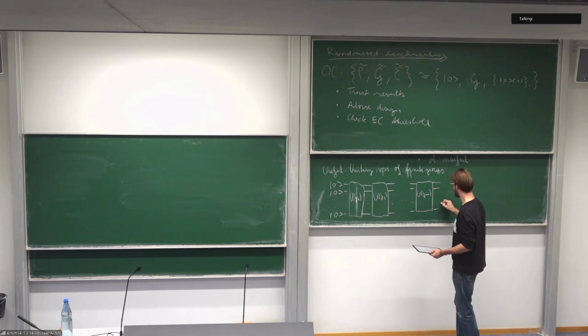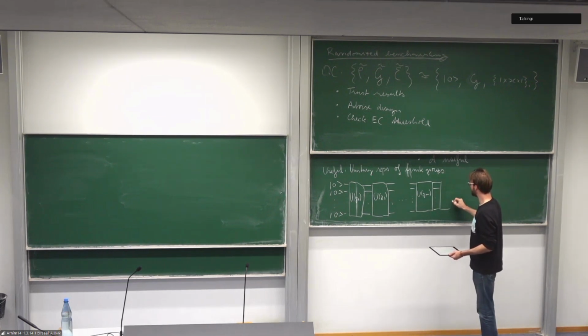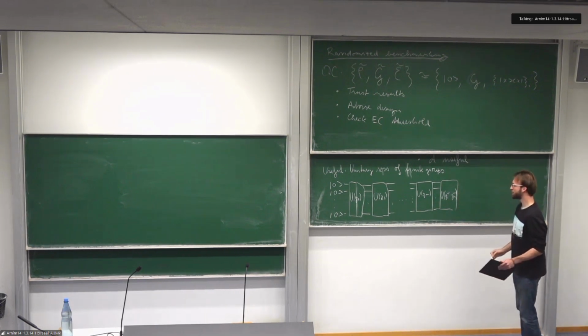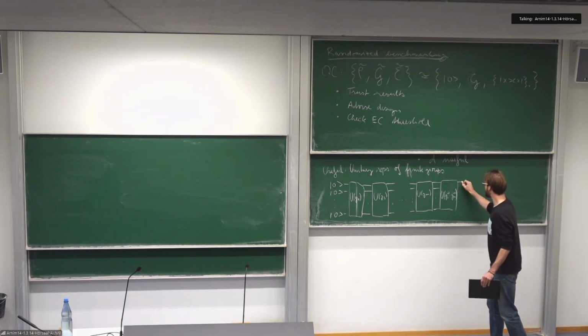Then, in the last step, we just undo it all. So we do U of G1 inverse all the way to Gm inverse. Right? And then we measure in the computational basis.